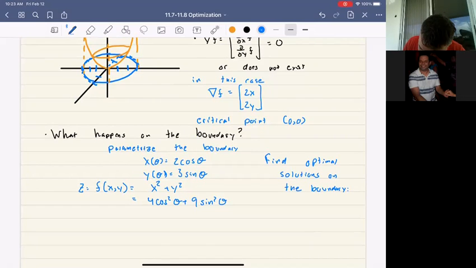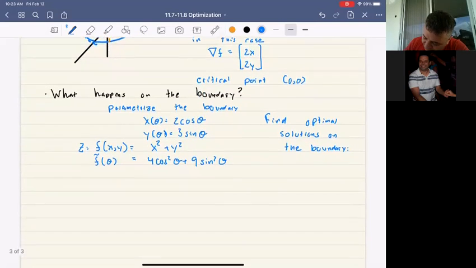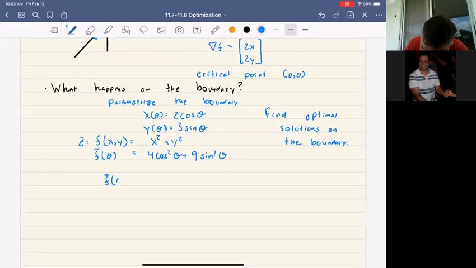This is now, let's call it f tilde of theta, because we're writing x and y in terms of theta, and this has a derivative in theta.